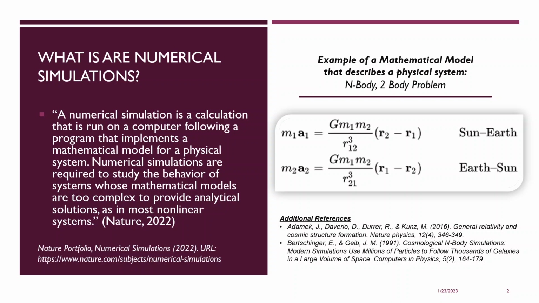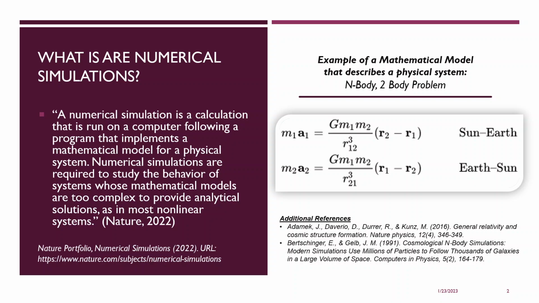So this is back to a numerical simulation, in that a mathematical model is at the core of it, and it approximates a physical system. In other words, this set of equations solves for a two-body problem and how gravity behaves between the sun and the earth.